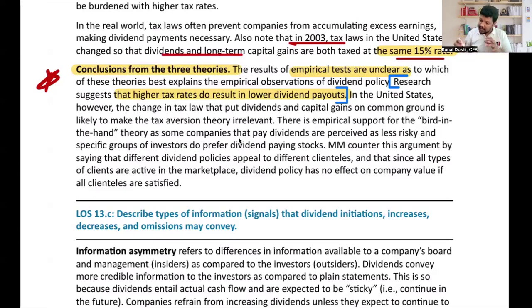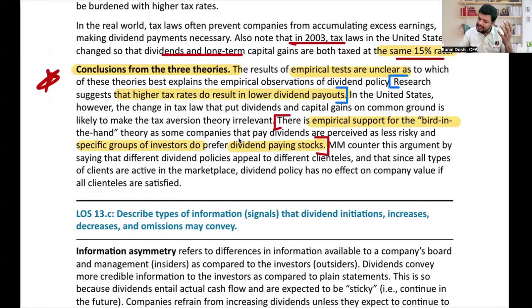Now, still there are many categories of people, in fact most people, who believe in the bird in hand theory. They consider companies which pay dividends as a very positive sign. So dividend paying stocks are loved by investors even after making them understand the theory that it is irrelevant.